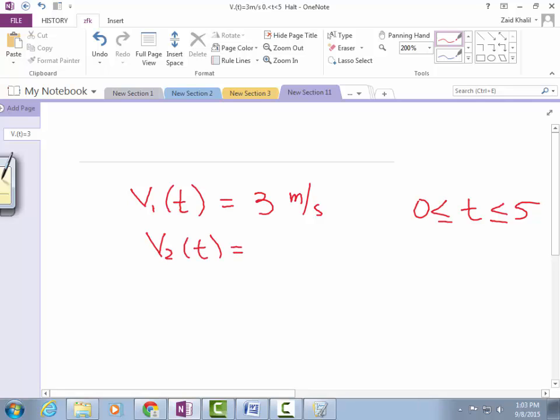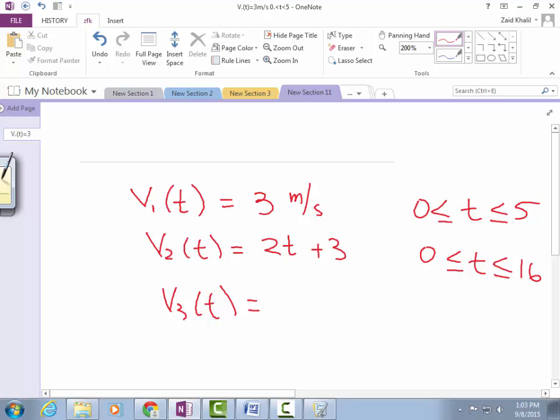All these are different velocity functions. v2 is 2t plus 3, for t less than or equal to, I don't know, 16. v3 is negative 5t squared plus 3t plus 2, for t less than or equal to 8.